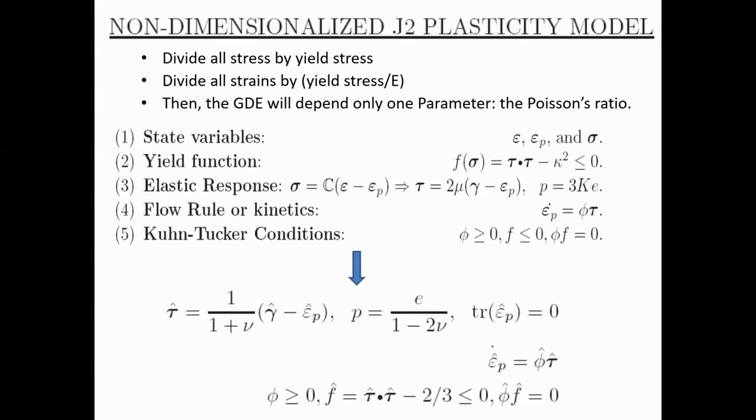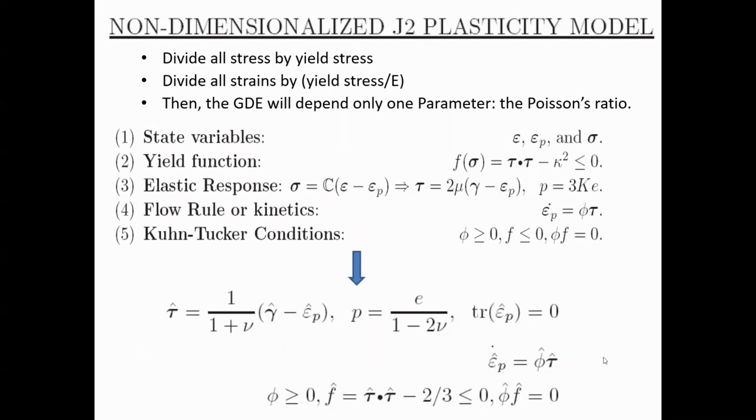When you write a code, it may be a good idea to non-dimensionalize and work. Sir, can you tell that again, when Poisson's ratio is 0? If Poisson's ratio is 0, you will find that it does not depend on any parameter that is associated with elasticity.